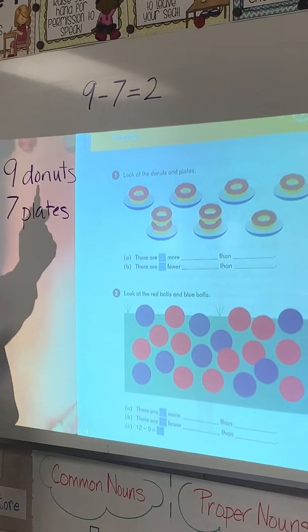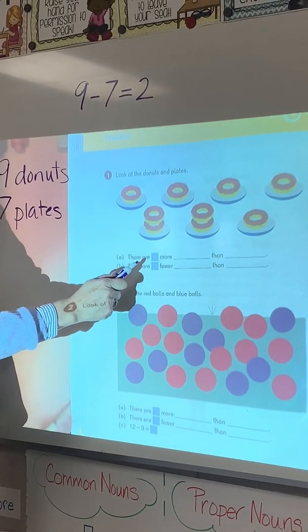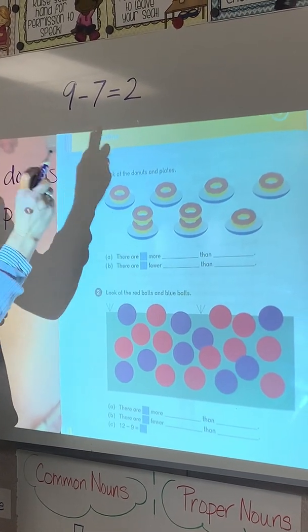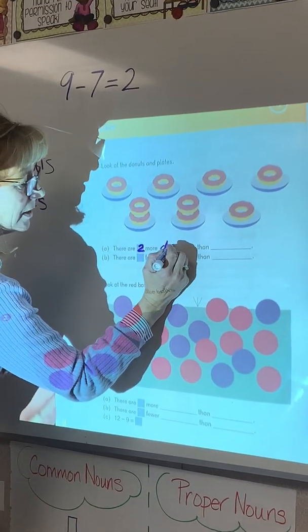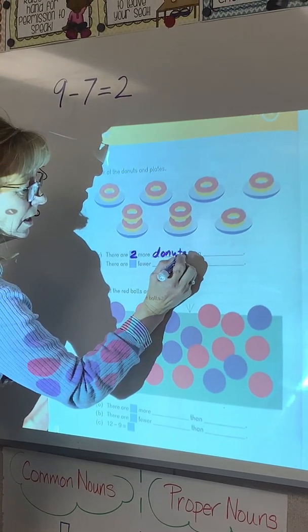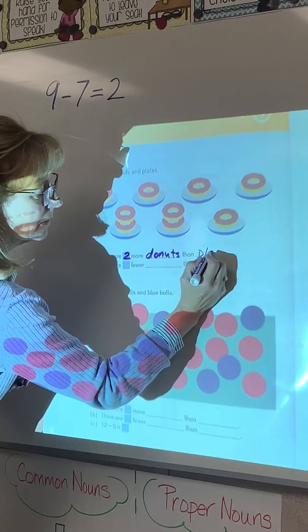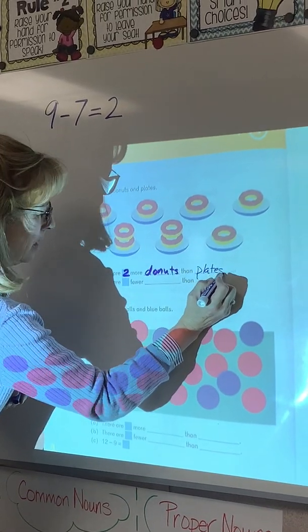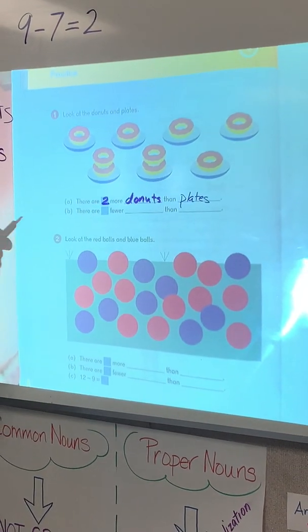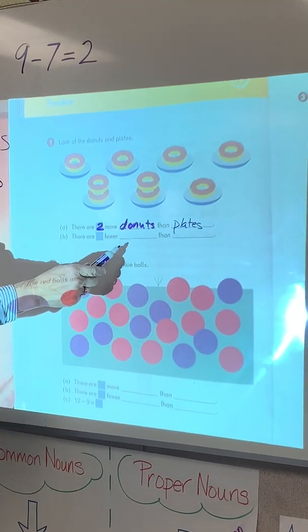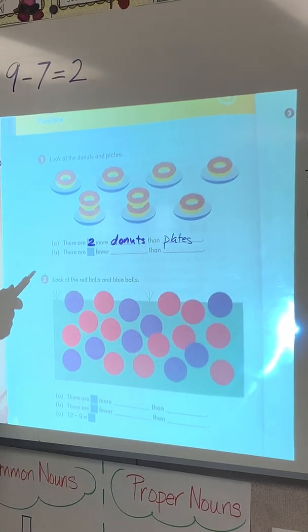So there are 2, that's right, more donuts than plates. There are how many fewer plates than donuts?